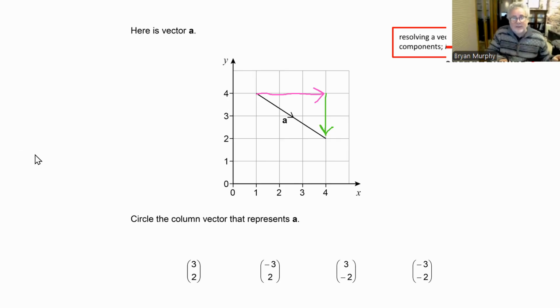So we could say that the vector A is equal to 3 that way and 2 that way. Because they're vectors, could be forces, accelerations, whatever, any vector quantity. Up at the top there is a snippet from the AQA specification. It tells you what they are.